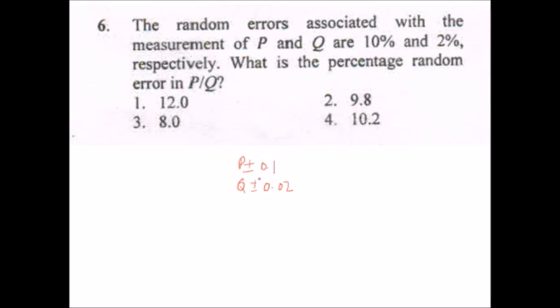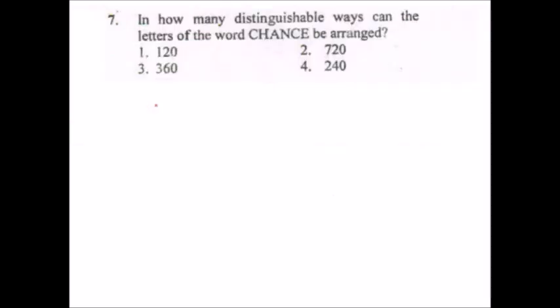These errors get summed up along with the division of the value of Q with these two. But here we don't have the value of Q, so I think it should be 12, that is 10 plus 2 should be 12, but I am not sure about this question, so I'm very sorry for this. Move to the next question.